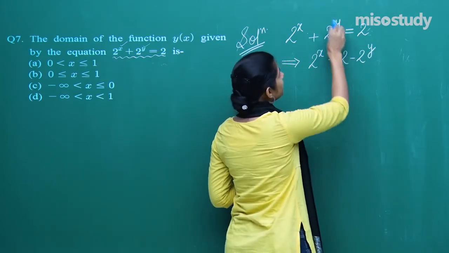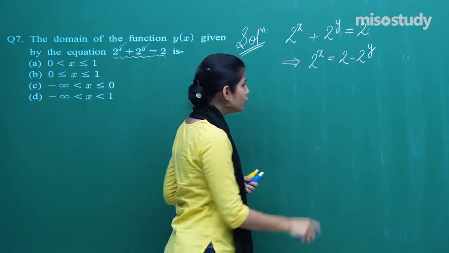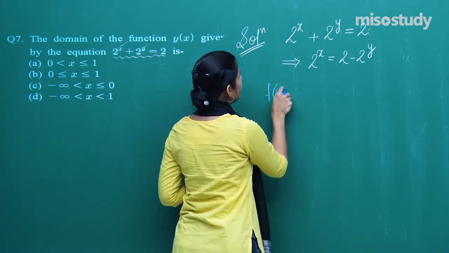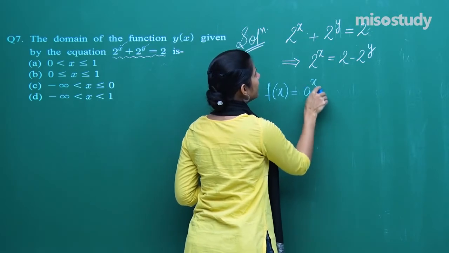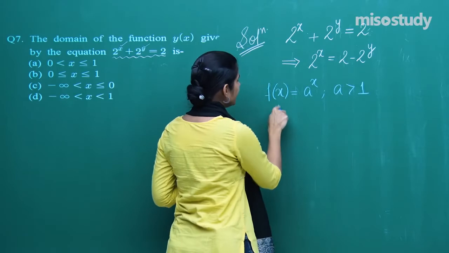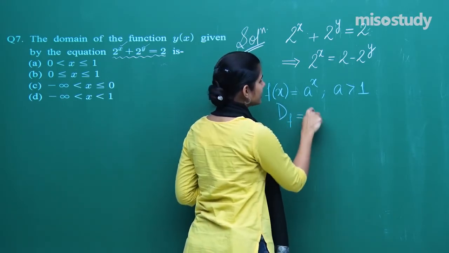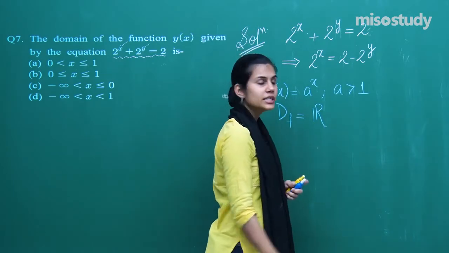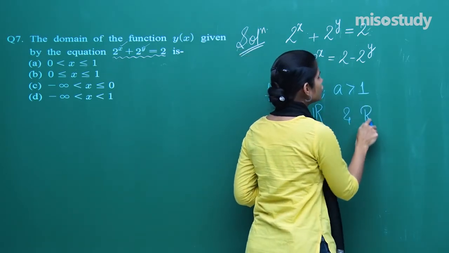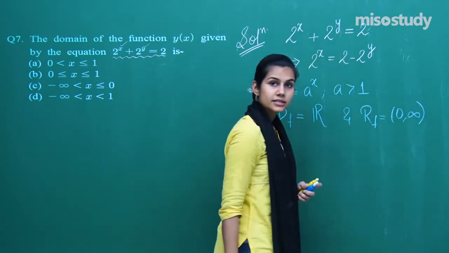Now, if you remember, they are nothing but exponential terms. You know that if I have f(x) equals a to the power x, where a is greater than 1, then the domain of this function is nothing but the collection of all reals, and the range of this function is this.